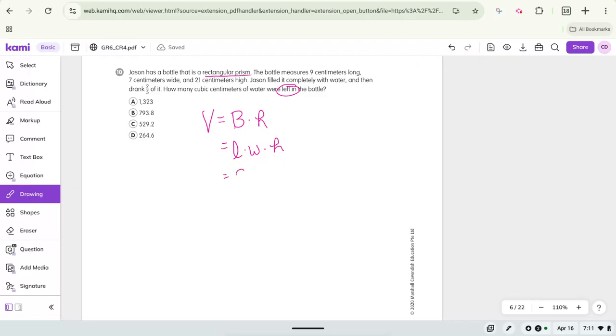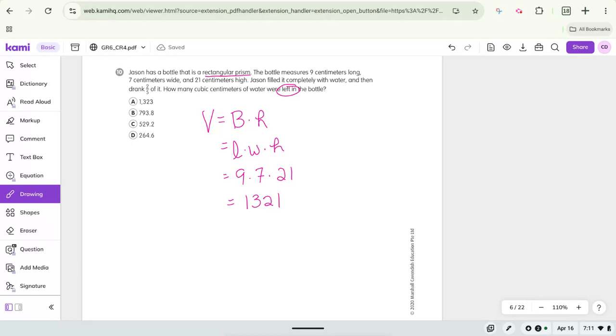So the base is 9 by 7, and the height is 21. So we're really just multiplying 9 times 7 times 21, and we're going to get 1,323. So that's how much water is in the bottle. 1,323 cubic centimeters is the total amount of water in the bottle.